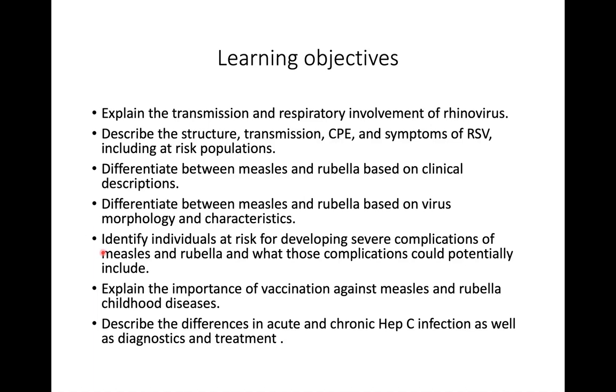Identify individuals at risk for developing severe complications of measles and rubella and what those complications could include. Explain the importance of vaccination against measles and rubella childhood diseases, and describe the differences in acute and chronic hepatitis C infection, as well as diagnostics and treatment.